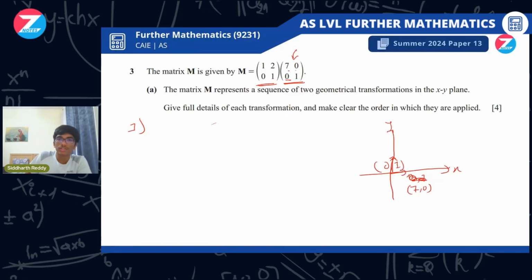The first column of the matrix represents where i hat goes. So this goes to the place 7, 0. All the corresponding vectors will also get stretched like that. So this matrix represents a stretch parallel to the x-axis by factor 7.